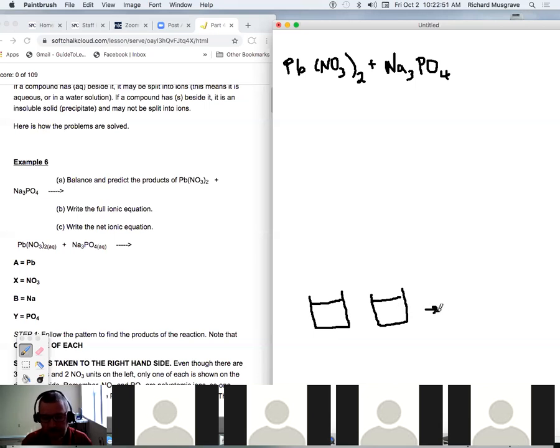Then we add them together, and we're going to end up with a situation where we've got the liquids added together, but we're also going to have a whole bunch of solid, which will end up sticking to the bottom. So we end up getting what's called a precipitate. So that solid there is called a precipitate. So these would be aqueous, and that's where the AQ comes into play. And then the precipitate there is solid.